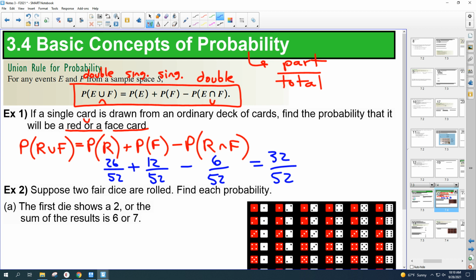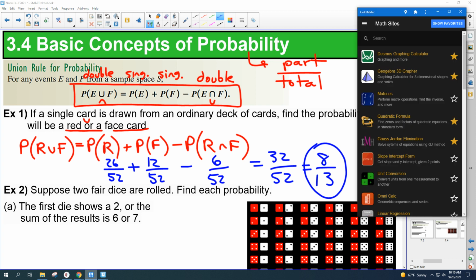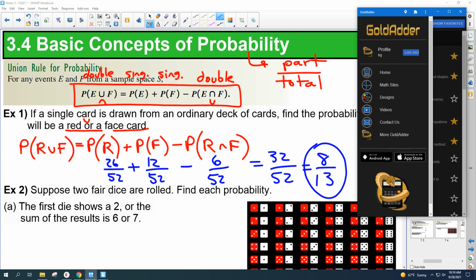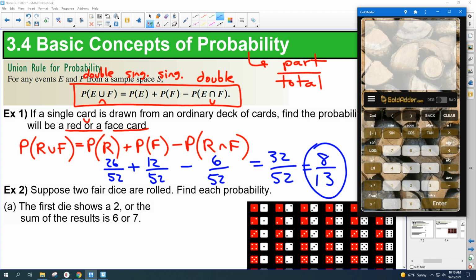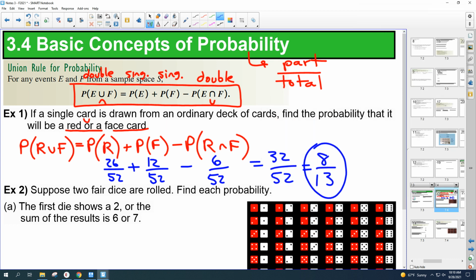Probably going to be better if you can reduce that. 8 over 13. My general rule is if it's easy to reduce, reduce. If it's not easy to reduce, use a calculator. So if I did 32 over 52, about 0.6154. I like 4 decimals. 0.6154.